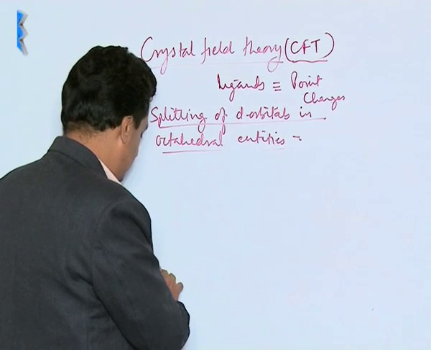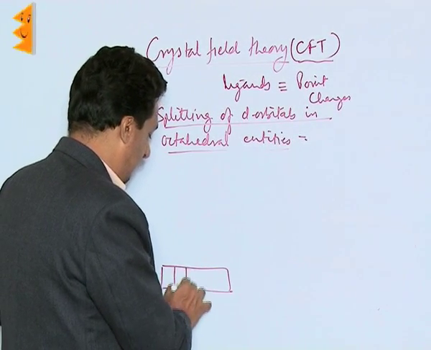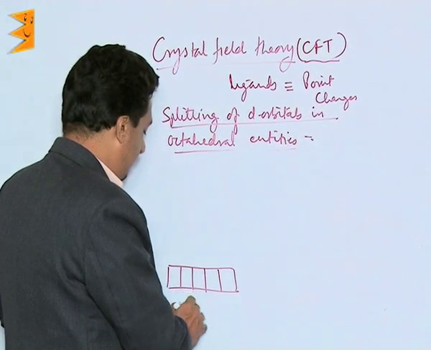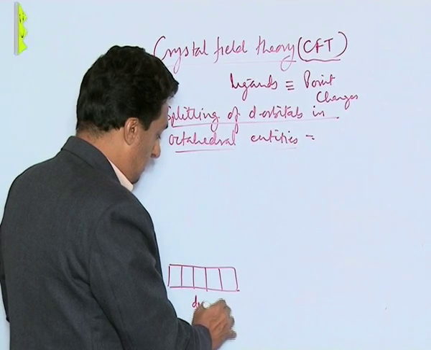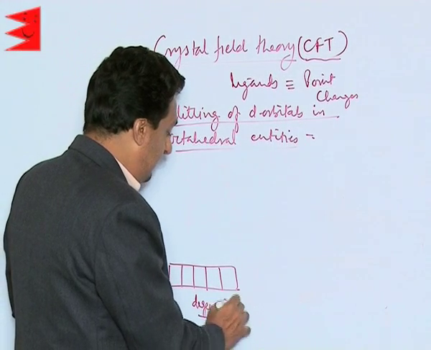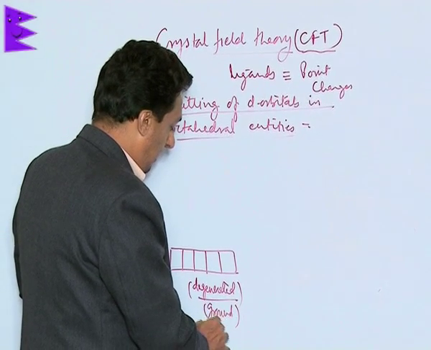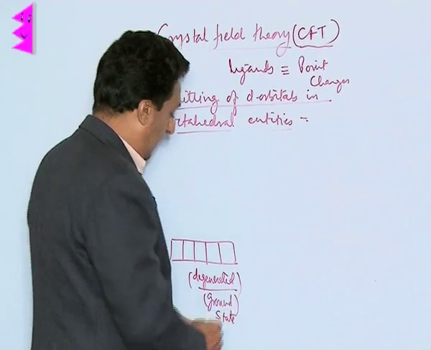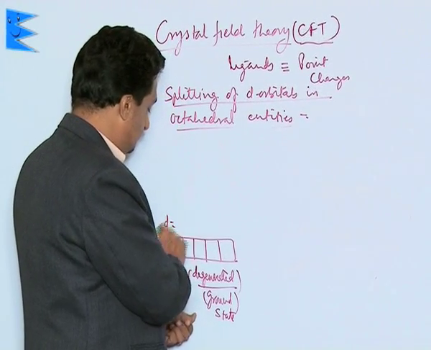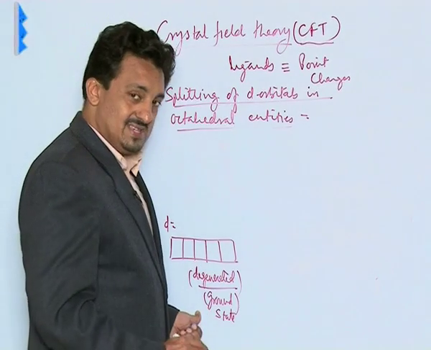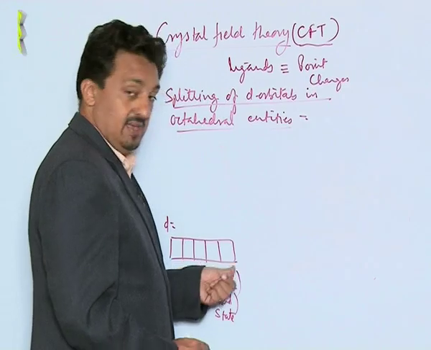Let me explain it to you like this. Suppose these are the 5 d orbitals we have. This is a degenerate level, and we call it the ground state, because these 5 d orbitals all have the same equal energies.